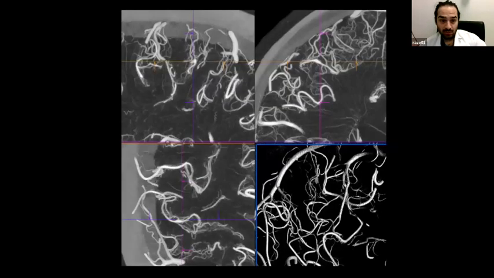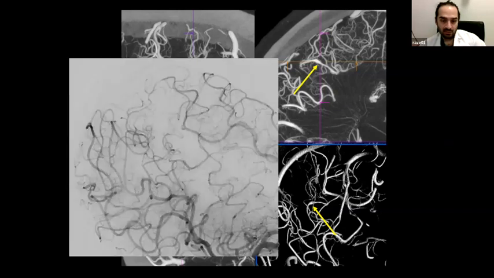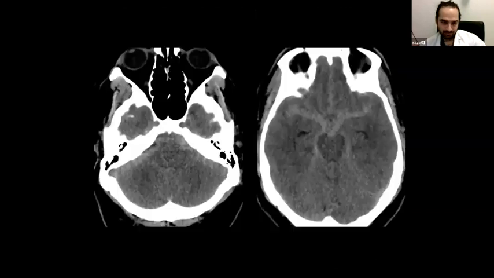Then we do this sort of imaging, and this is the kind of resolution that we get now. By spending quite some time looking at the images and focusing on the area of the hemorrhage, now you start seeing that there is something there, right? There is a little fusiform aneurysm, likely mycotic because of the history, and this is the ruptured aneurysm. Now, retrospectively, if you look at the 2D, the aneurysm is there, but it's just extremely hard to see.